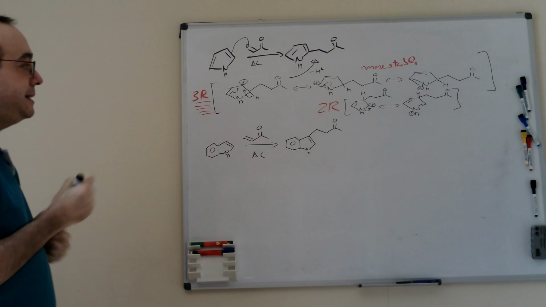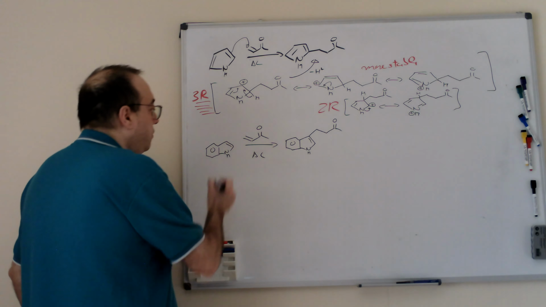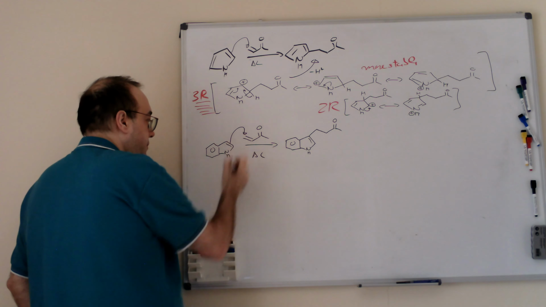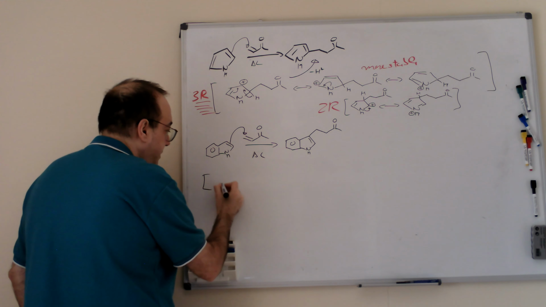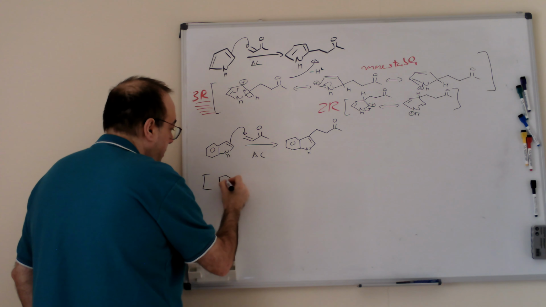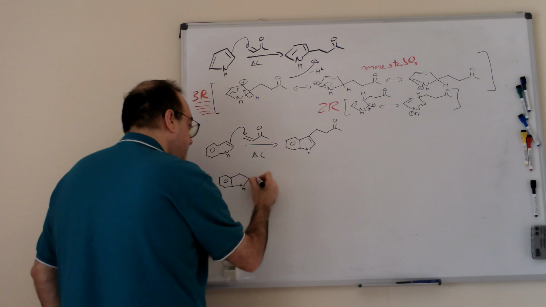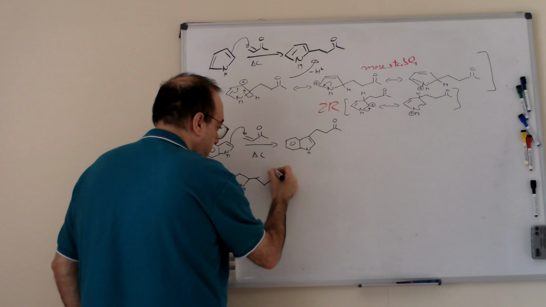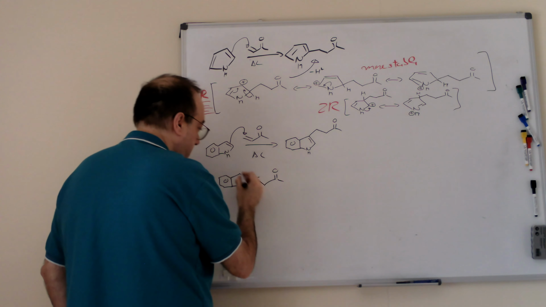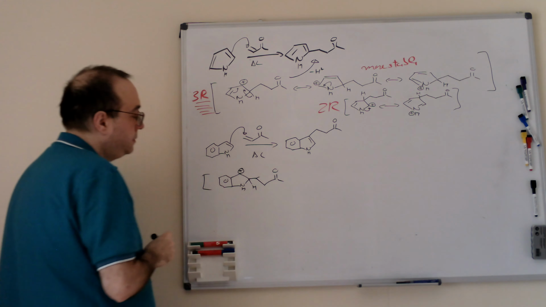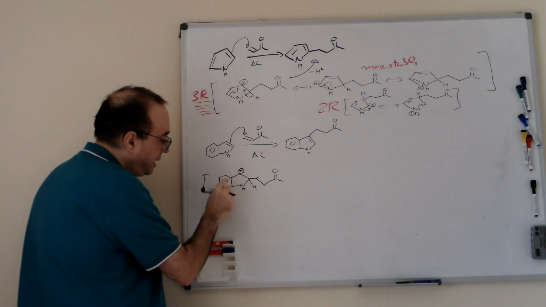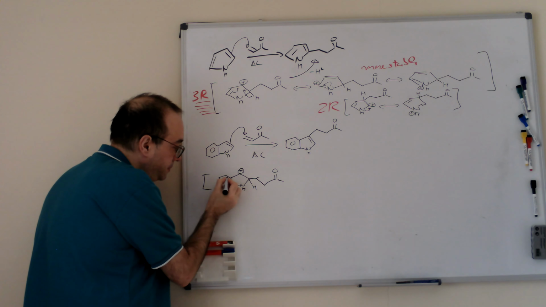Then we will do exactly the same for the indole. That means if we attack C2, what we have is this, we can stabilize this resonant form.